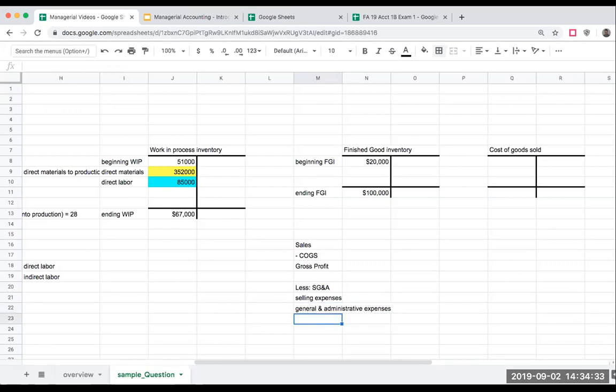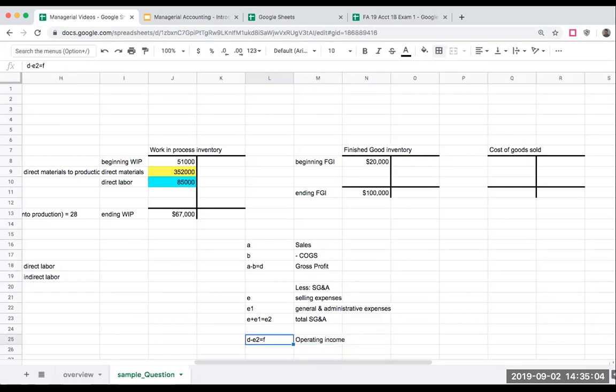So we have our total SG&A. And then when we take our SG&A and subtract it from the gross profit, we're going to end up with our operating income.